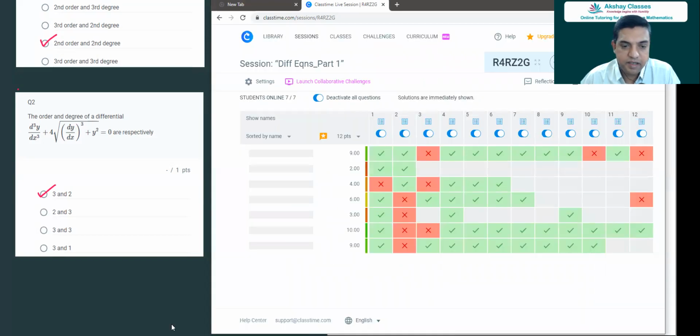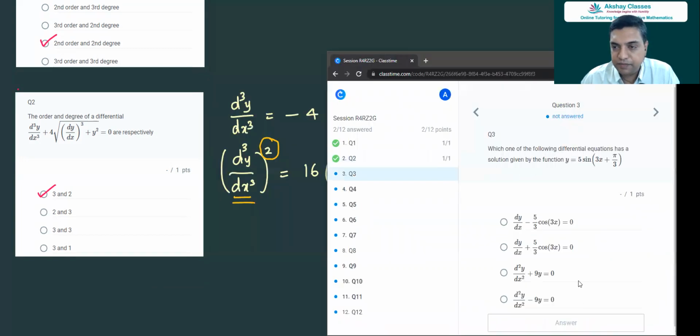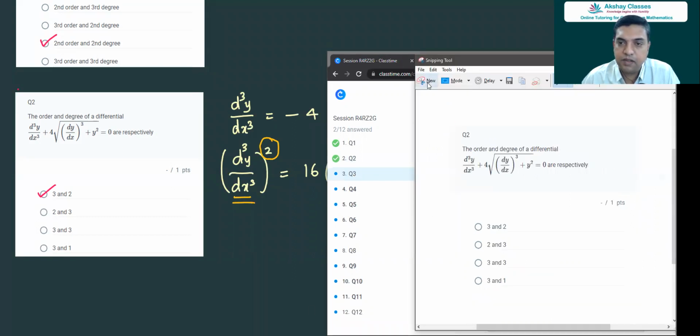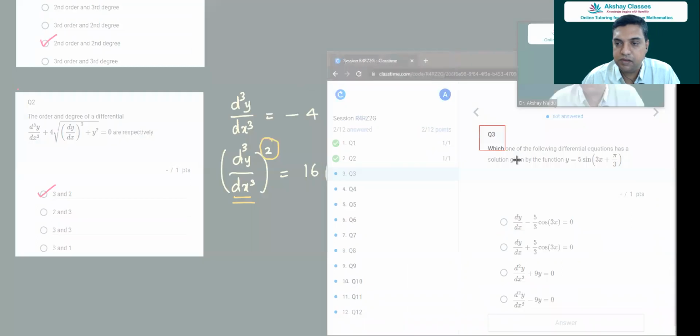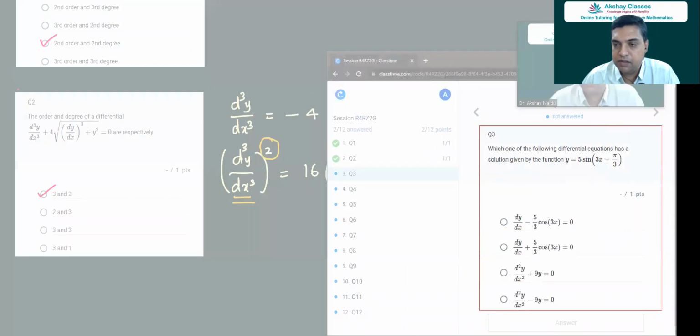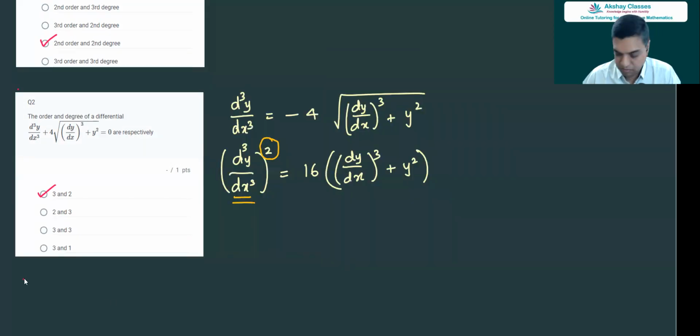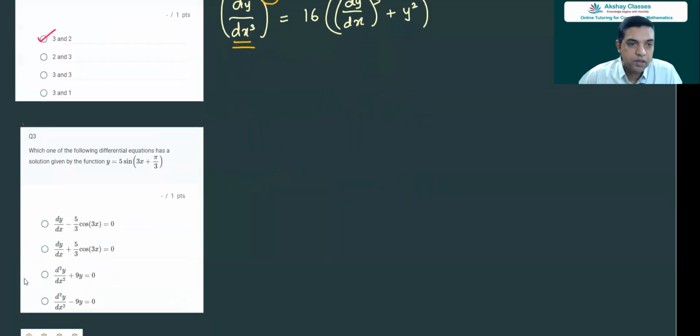Now let's look at the next question. Again, many students have not attempted the next question. So given the solution, we have to find the differential equation.